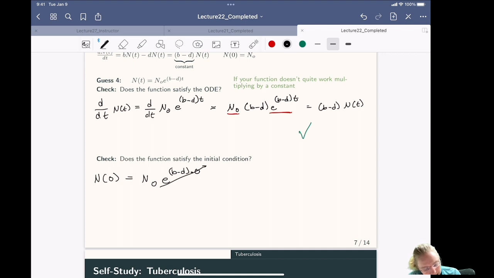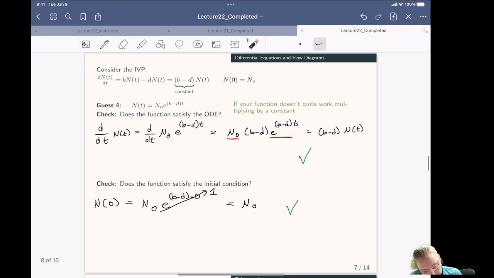If I plug this in, this quantity goes to 1, and I end up with an n0 over here. All right, so this satisfies the initial condition that n of 0 is equal to little n0, and that the derivative of this function gives us that back, b minus d times that initial function. All right, so we have now found the solution to our differential equation.